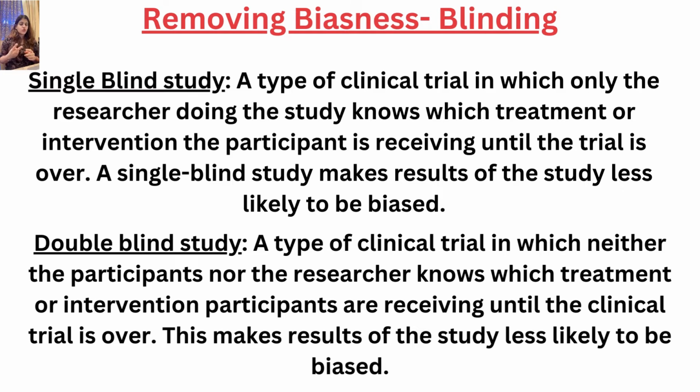Under this there are 2 subcategories, single blind study and the double blind study. Again, I'll be using altogether a different video for the same, but now to brief it out, to understand how it can become an extraneous variable. So sometimes, for example, I am a researcher and there is a participant.